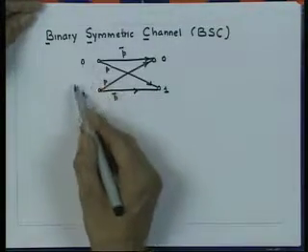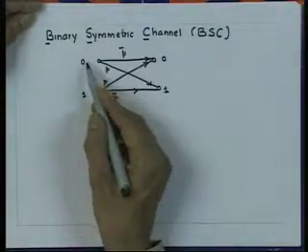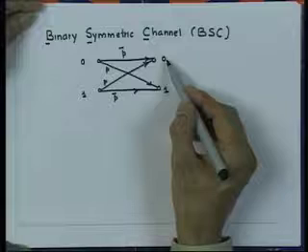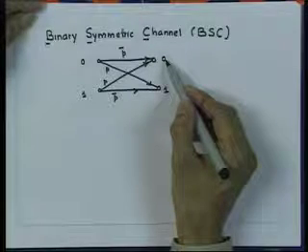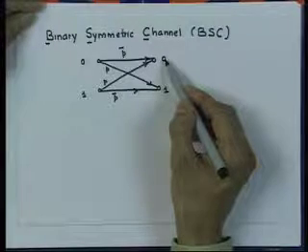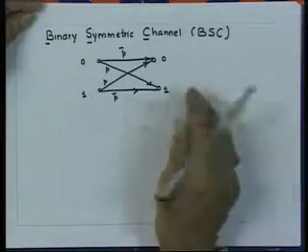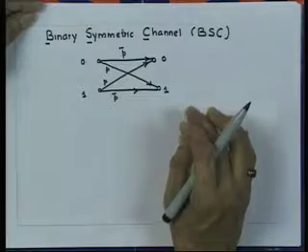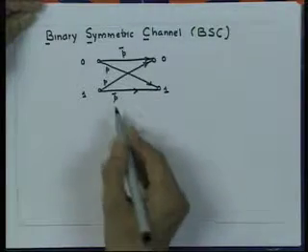So, in this case I have the input alphabet consisting of binary letters 0 and 1, and the output alphabet also consists of binary symbols 0 and 1. In this case the input alphabet size and output alphabet size are the same.